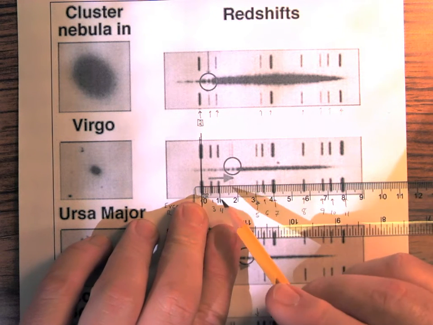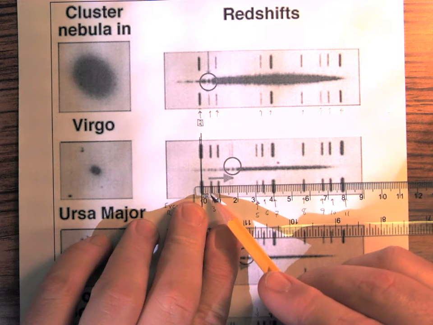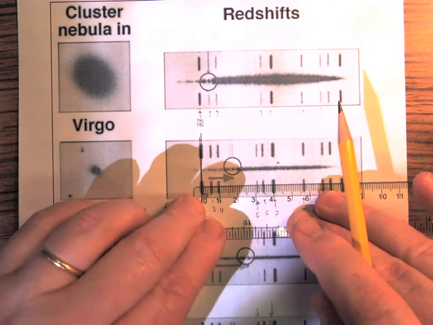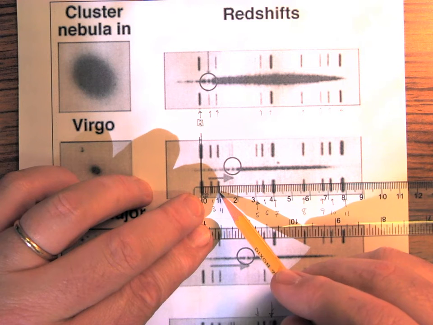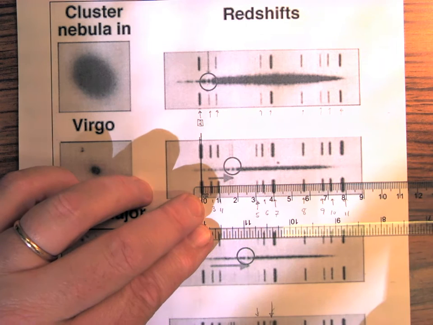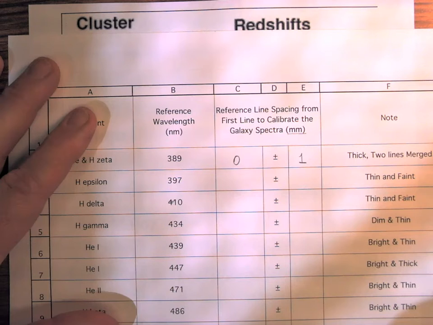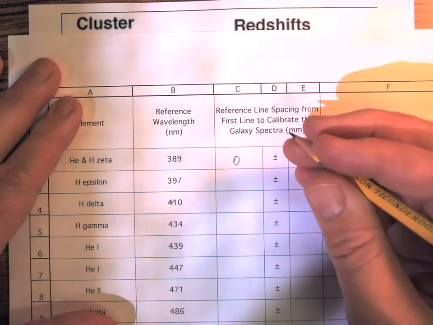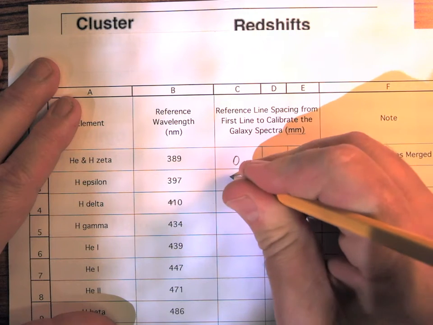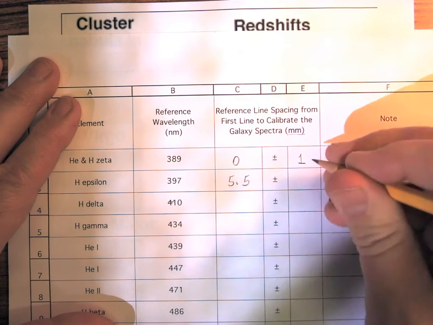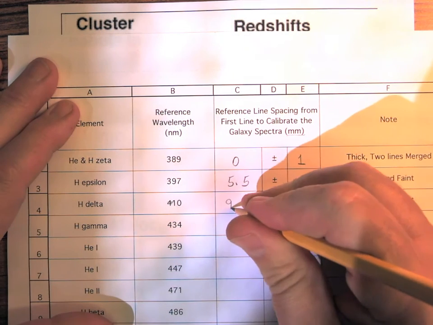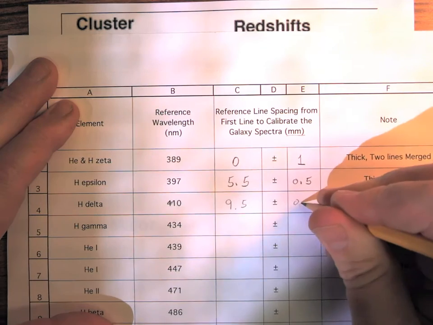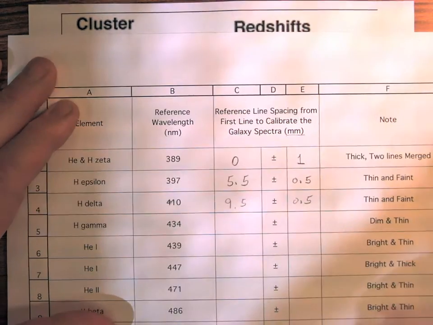So this mark here is between 5 and 6, so we're going to call it 5.5. And this is between 9 and 10 millimeters, so we're going to call it 9.5. So I can fill my data in here. 5.5 plus or minus 0.5 millimeters, and 9.5 plus or minus 0.5 millimeters.